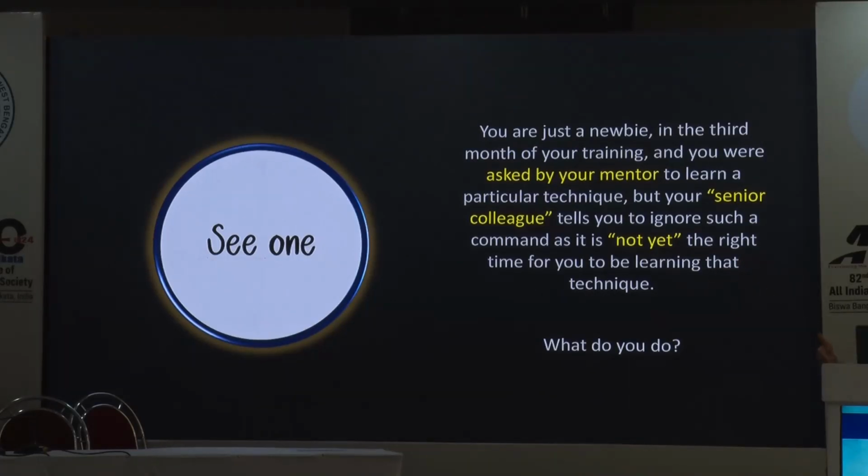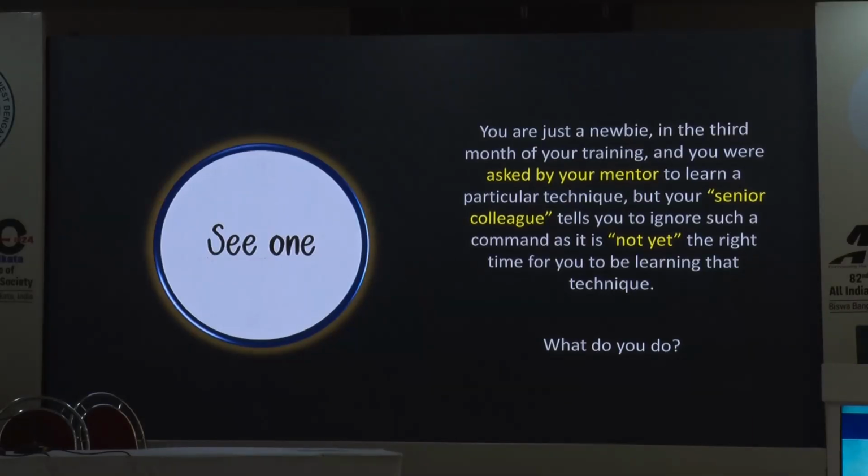At the same time, there's no other way to learn but from the senior colleague. That's why I put the word senior colleague in the same phrase. Technically that person is just a few months or a year ahead of you, but still is a senior. So there is an authoritarian component that comes from the senior colleague, but at the same time you have to learn from them.